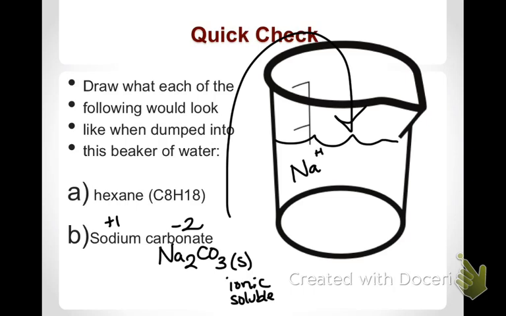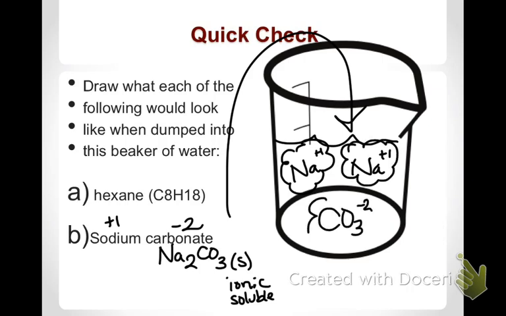So I would have two sodiums, and they would both be in a sphere of hydration. And then the carbonate ion, being polyatomic, would stay together, but it would also dissociate from the two sodium ions. And so all three of those would be aqueous.